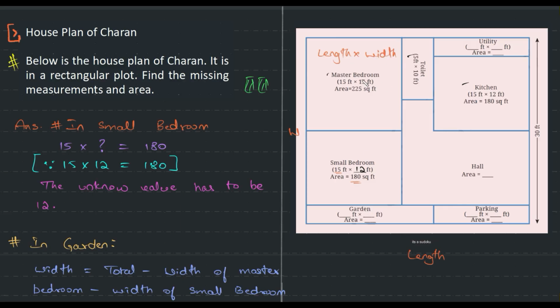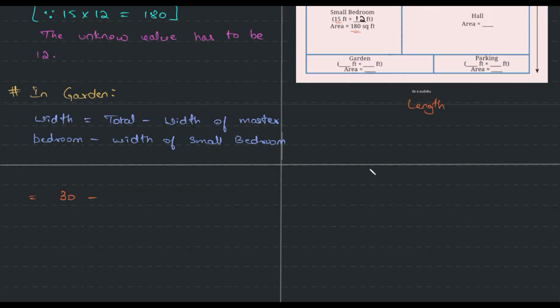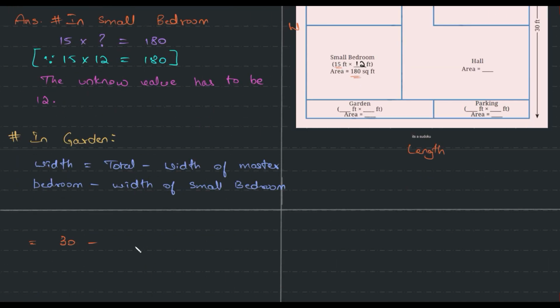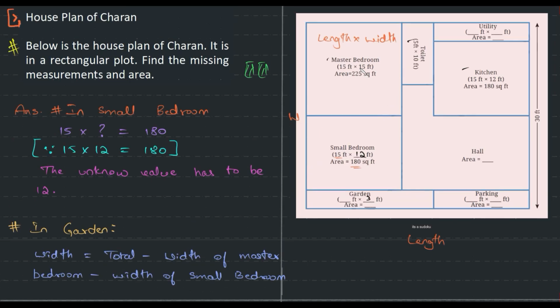Length times width. So that's our width, 12 is our width. So we have 15 minus 12. So the difference is 3 feet. So this is 3. You got it? So the value which is written second is your width.